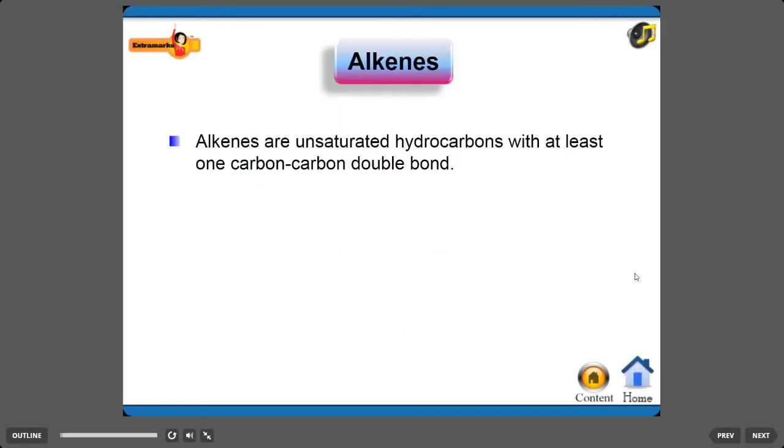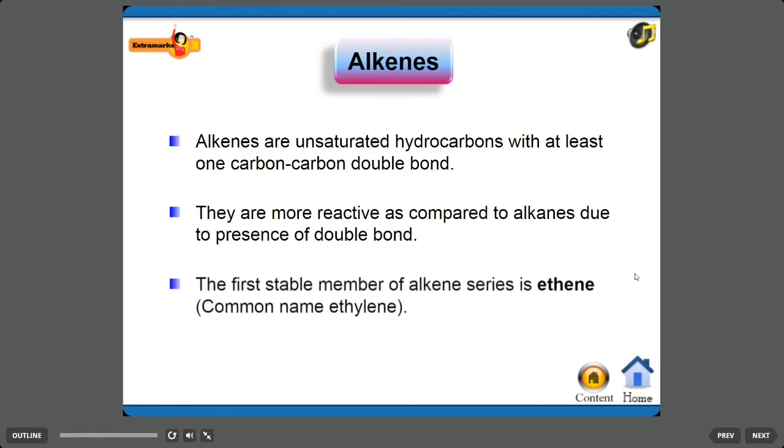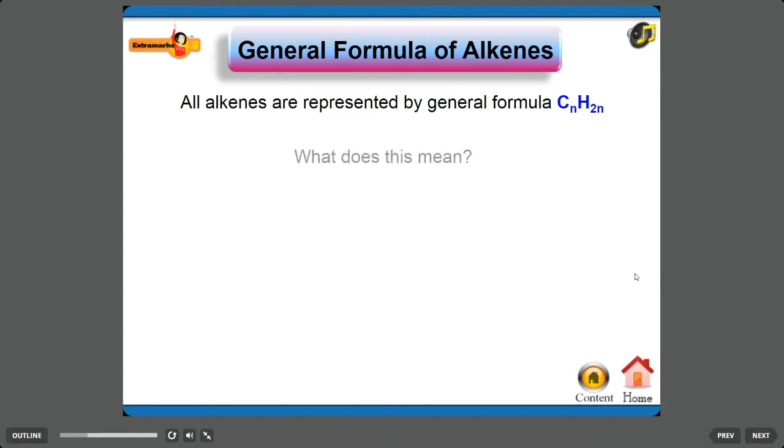Let us know alkenes are unsaturated hydrocarbons with at least one carbon-carbon double bond. They are more reactive as compared to alkanes due to the presence of the double bond. The first stable member of the alkene series is ethene, which is commonly known as ethylene. What is the general formula of alkenes? The general formula of alkenes is CnH2n containing at least one double bond.